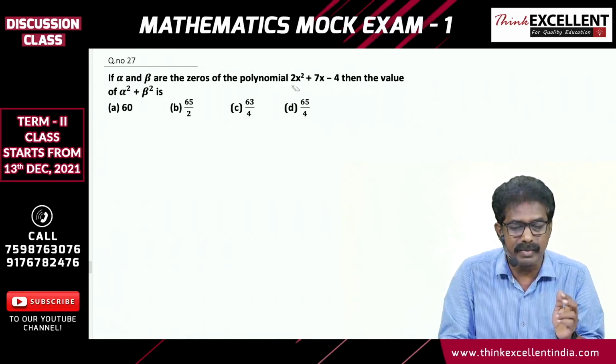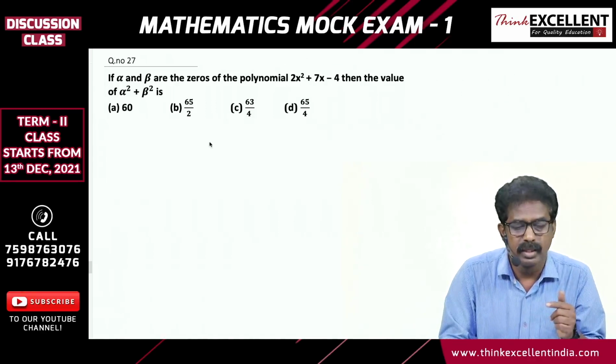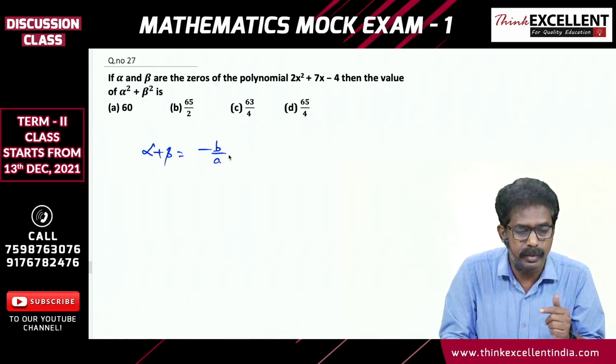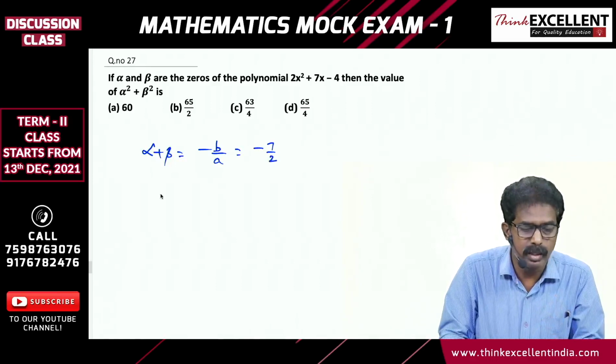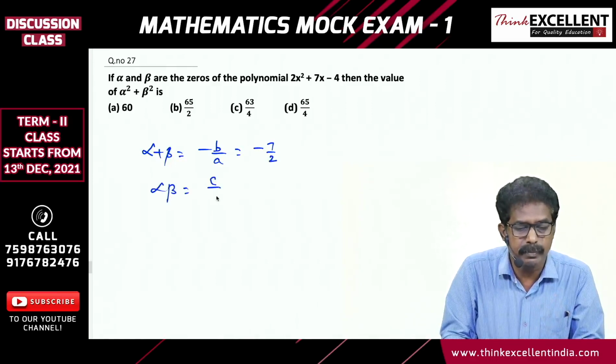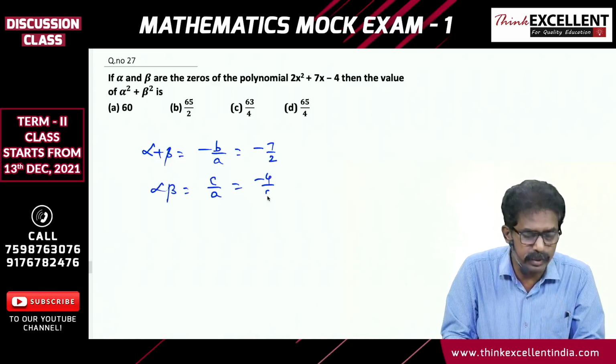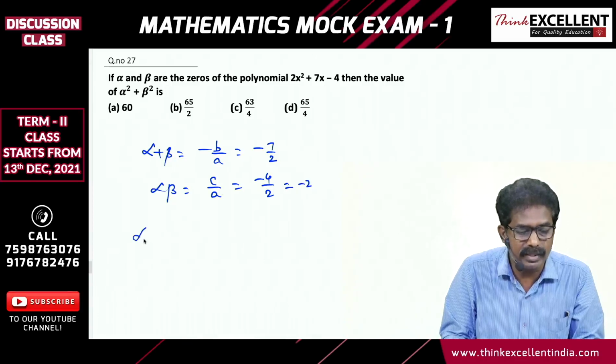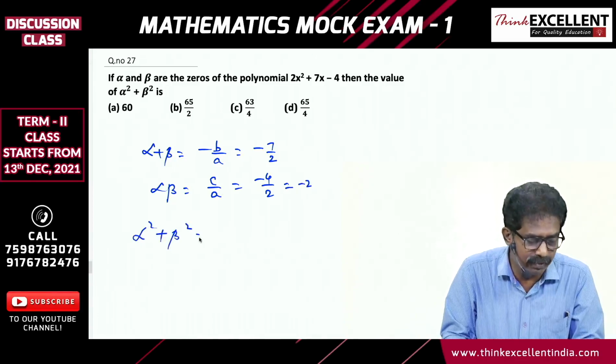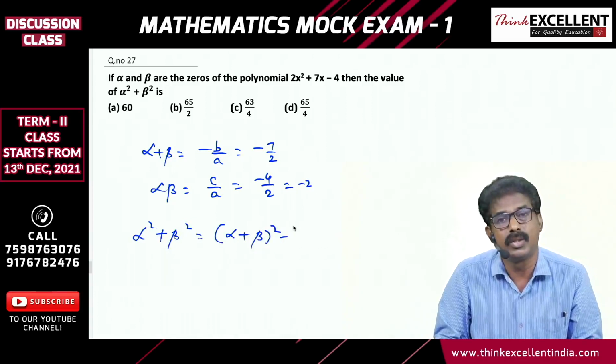So you know A value is 2, B value is 7, C value is -4. Now, alpha plus beta is minus B by A, so minus 7 by 2. Alpha beta is C by A, -4 by 2, it is -2. Alpha square plus beta square, they asked. The formula to study: alpha plus beta the whole square minus 2 alpha beta.